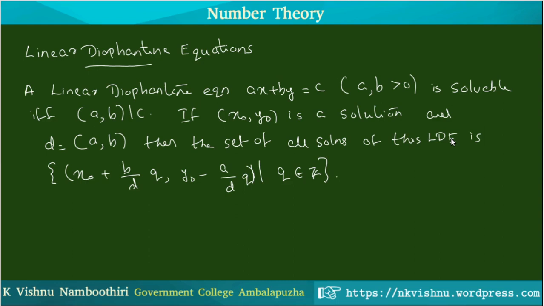But now, instead of using Bezout's identity, we are going to see another method suggested by Euler. There is a terminology about which we should be aware of.